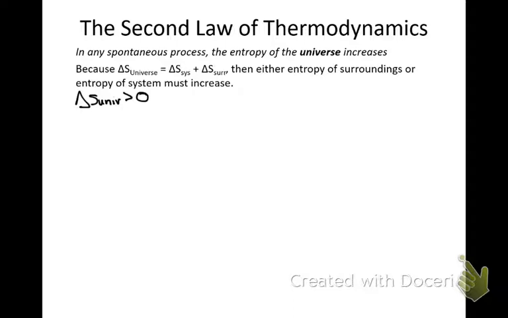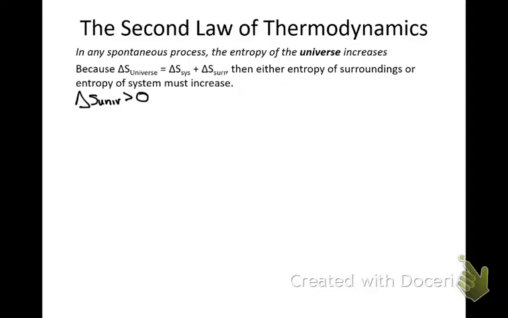So what's tricky about this is that we include delta S of the surroundings. It turns out that our experimental design is always set up to measure information about the system. It's really hard to measure things about the surroundings because the surroundings are everything. So it would be really helpful if we could figure out how to describe spontaneity using only terms related to the system, because the system is what we can measure in an experiment.